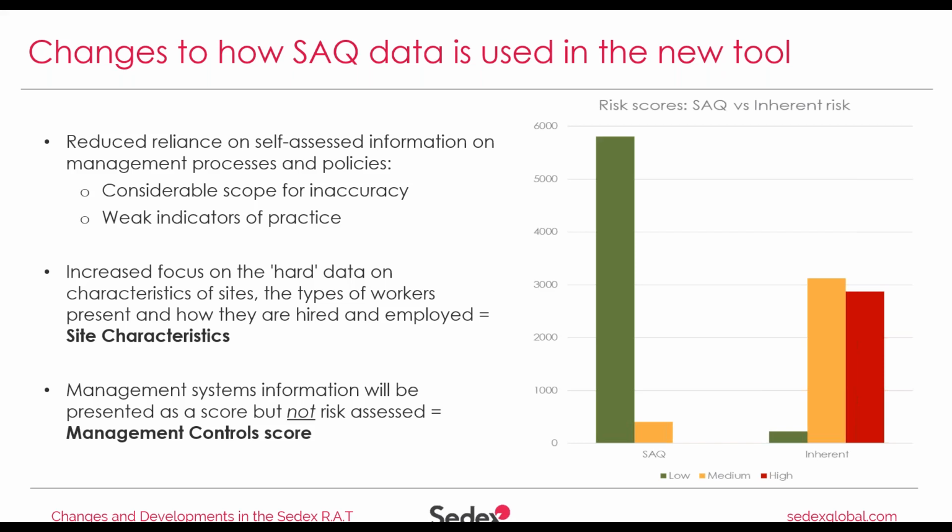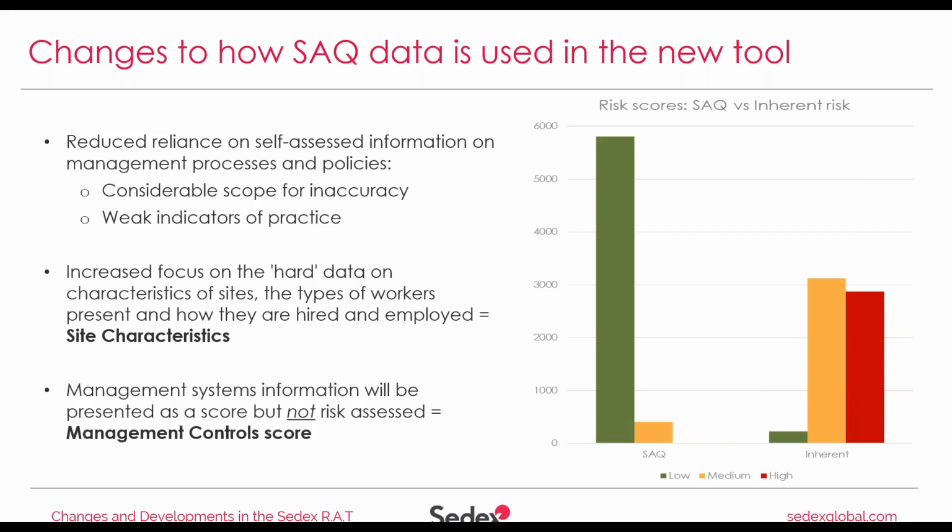The reason behind that is that by risk assessing that kind of information, we recognise that there is the potential for incentivizing some suppliers to provide the positive answer, particularly if they feel that's going to be followed up with fewer audits, or that that's the answer that a buying organisation wants to hear. And so we consider that there is considerable scope for inaccuracy in those answers, and also that self-reported information on management processes is not necessarily a strong indicator of actual practice.